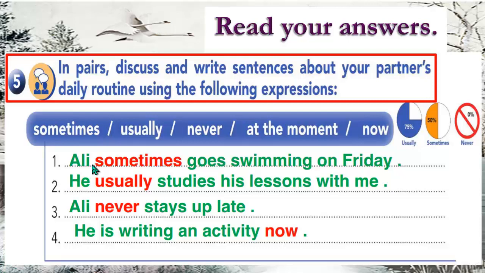Here, after Ali, I used sometimes, then the verb goes swimming on Friday. Number 2, he usually studies his lessons with me. Number 3, Ali never stays up late. I used never in my sentence.